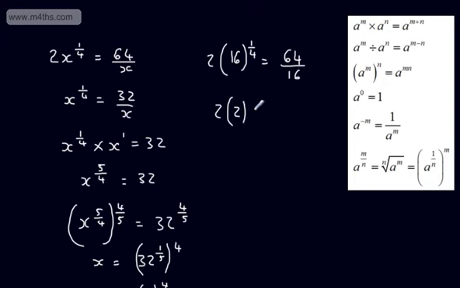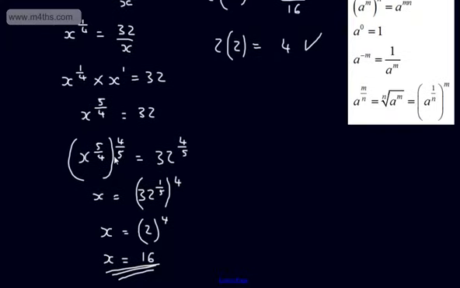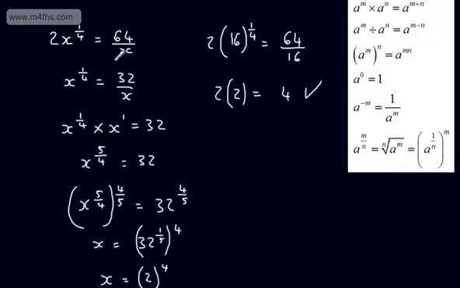Two lots of 2 is going to be equal to 4, so we can see that holds. I've just done my pet hate. My pet hate is for some reason dividing by it. So I'll hold my hands up on that one. The fourth root of 16, don't divide it by 4, just take the fourth root. So we can see that holds true. And I've really done that step by step, but hopefully that gives you some idea how you could deal with an equation using the rules of indices.